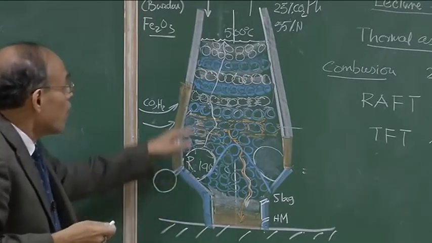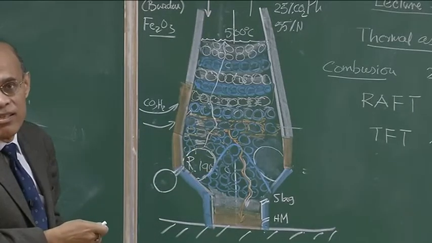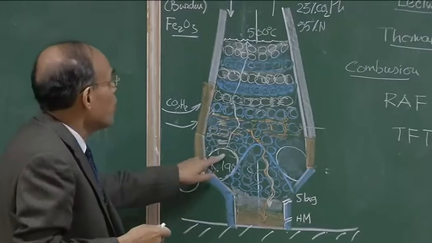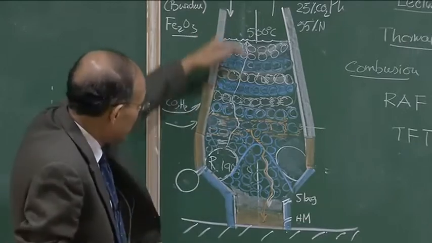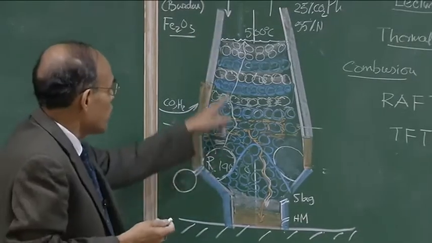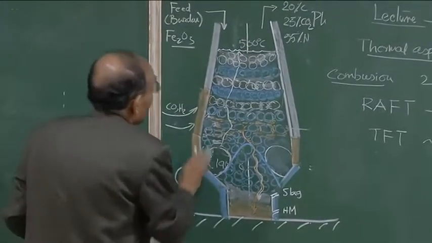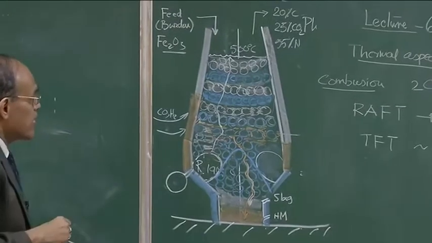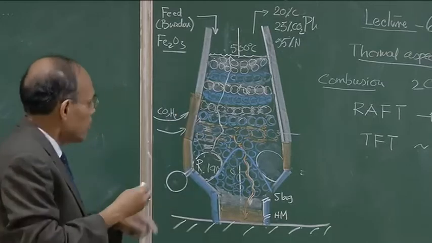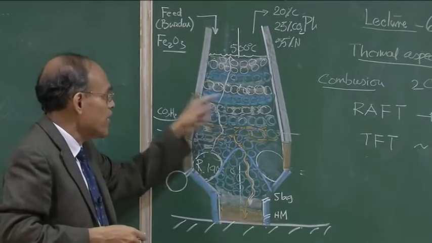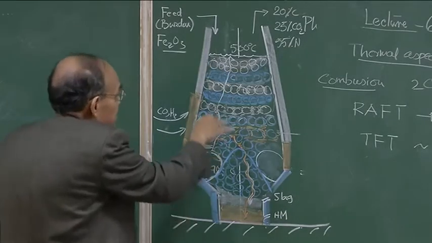The solid moves very slowly, while the gas rises extremely fast. Within a few minutes, the gas which is generated here, because of the large pressure difference, even though there may be a large resistance in the path of the gas in terms of the solid particles present, has a very quick ascending velocity. But the gas in the process yields its heat to the solid, and the solid progressively heats up, and the temperature of the solid also keeps on increasing as it descends.